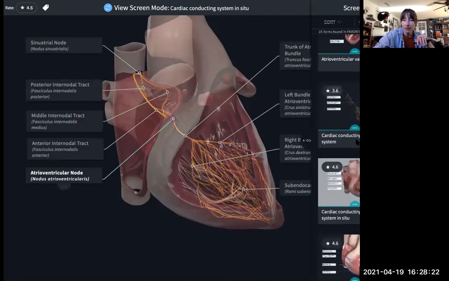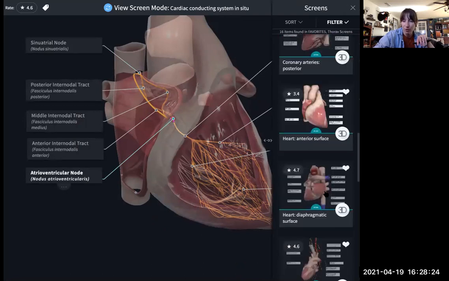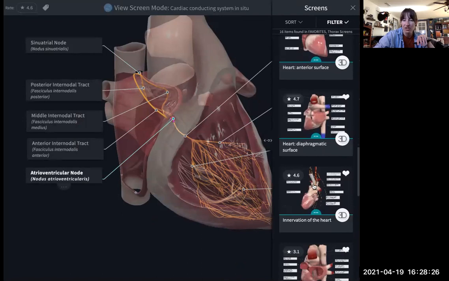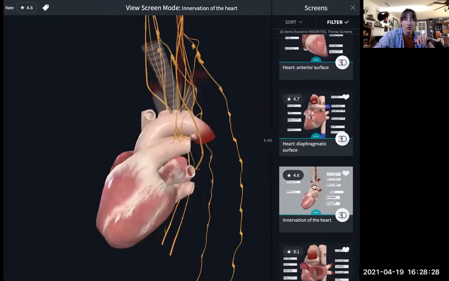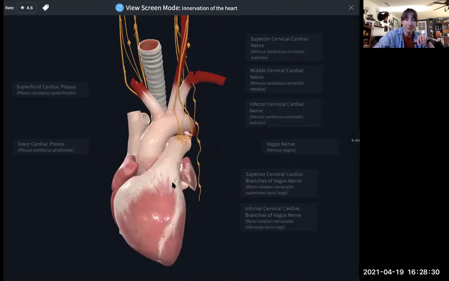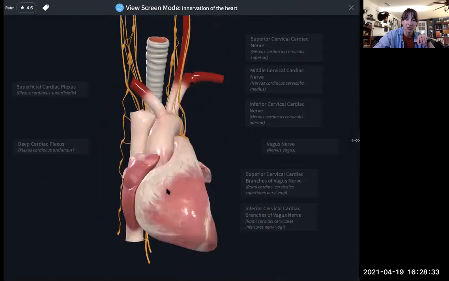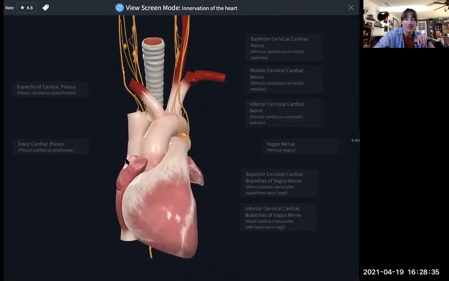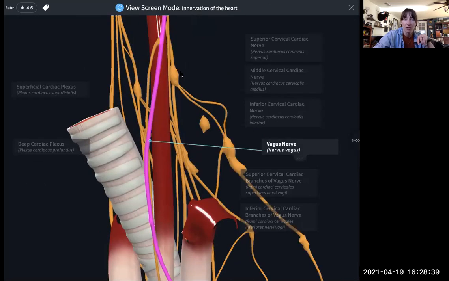So if I actually have one showing the entire innervation of the heart, we can't very clearly see how the SA node and the AV node are innervated, but we do know that it has a lot to do with the vagus nerve, right?